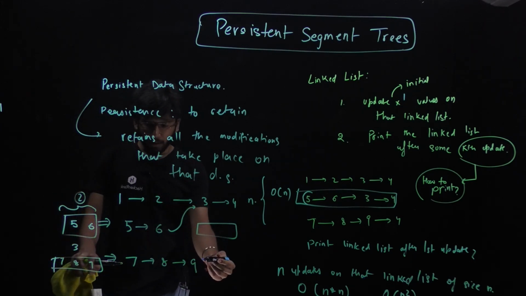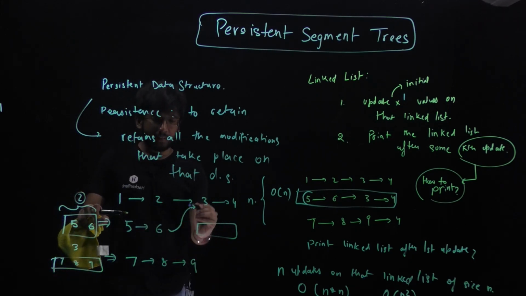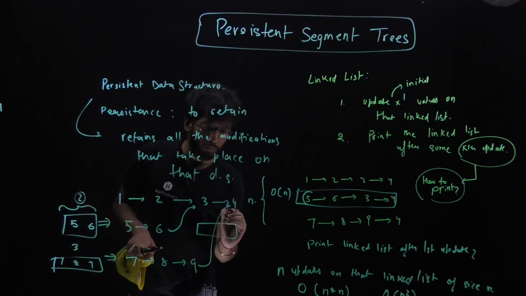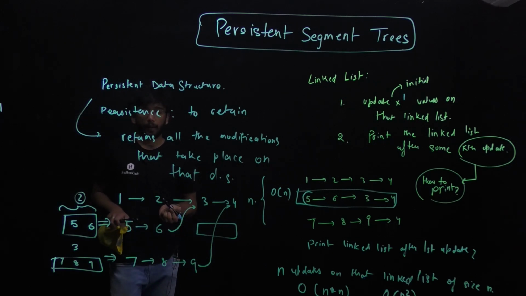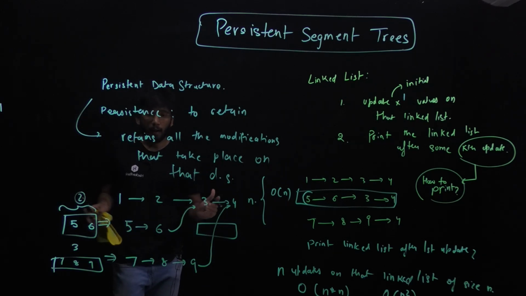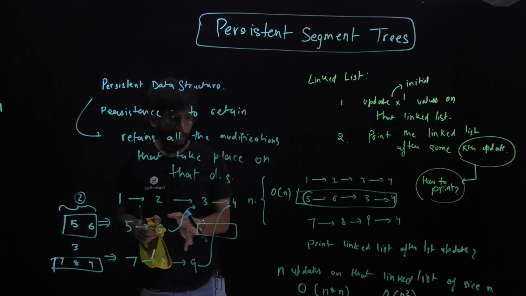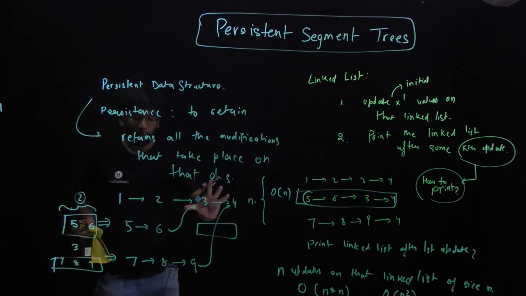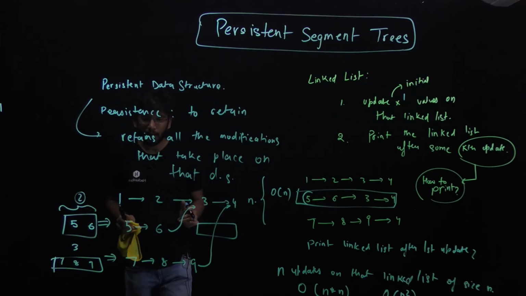The 9 would point to the 4th element of the previous linked list. So it will actually point over here. I guess now I have made it clear how to apply this to the entire thing. So this is how the updates will actually work.